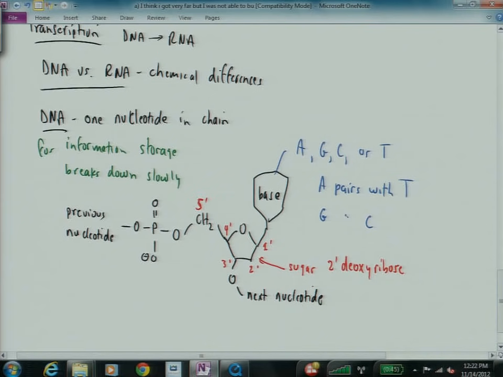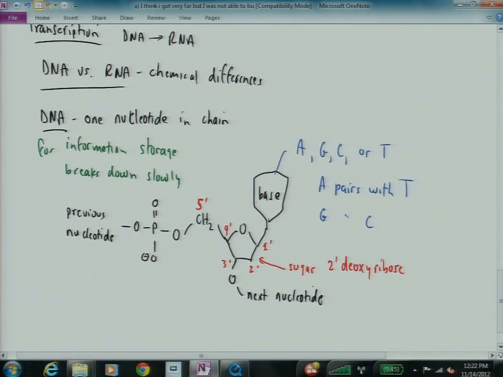It turns out, for chemical reasons, because it doesn't have that 2' oxygen, DNA molecules are much more stable than RNA molecules. They've, in fact, isolated DNA molecules from woolly mammoths from 40,000 or 100,000 years ago. The DNA is highly fragmented, breaks in the backbone, but it can stay intact for enormously long periods of time. That's an advantage because the purpose of DNA is to store information. You don't want it breaking down on you.